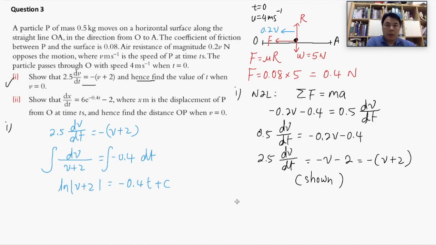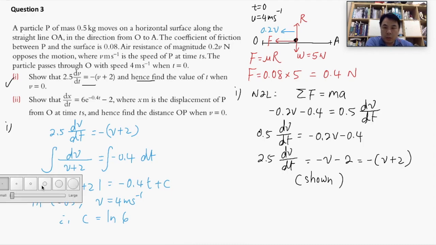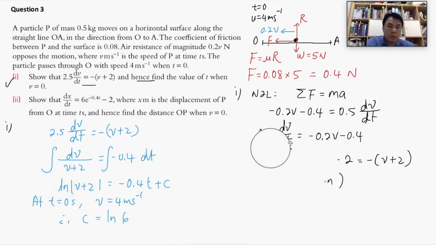Right. Now, based on the information that is given, at t equal to 0 second, v is equal to 4 meter per second. Therefore, c is equal to ln 6. Now, before we can proceed further, we have to erase this first.